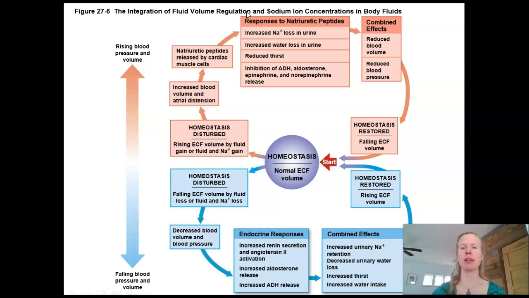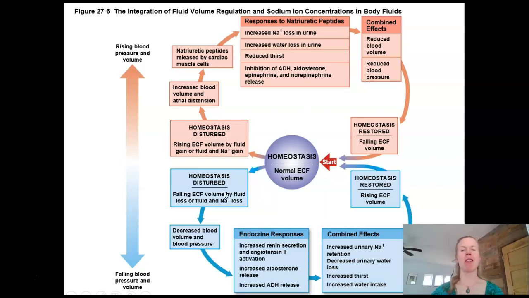This comes from cardiac cells. And these natriuretic peptides, again, tell us to lose sodium in the urine, lose water in the urine, right? And they kind of counteract antidiuretic hormone, aldosterone, that sort of thing. So through this, we start peeing out lots of water, lots of sodium. We reduce the blood volume, the blood pressure, boom, back to homeostasis.